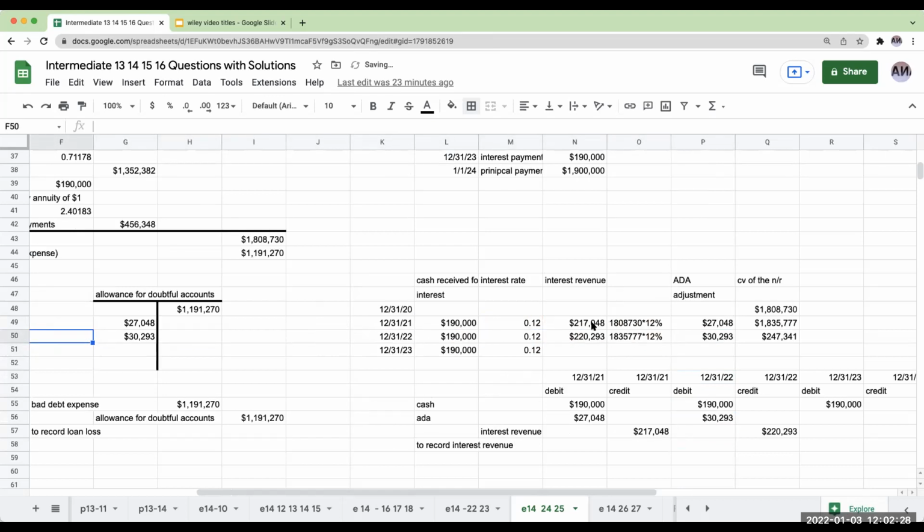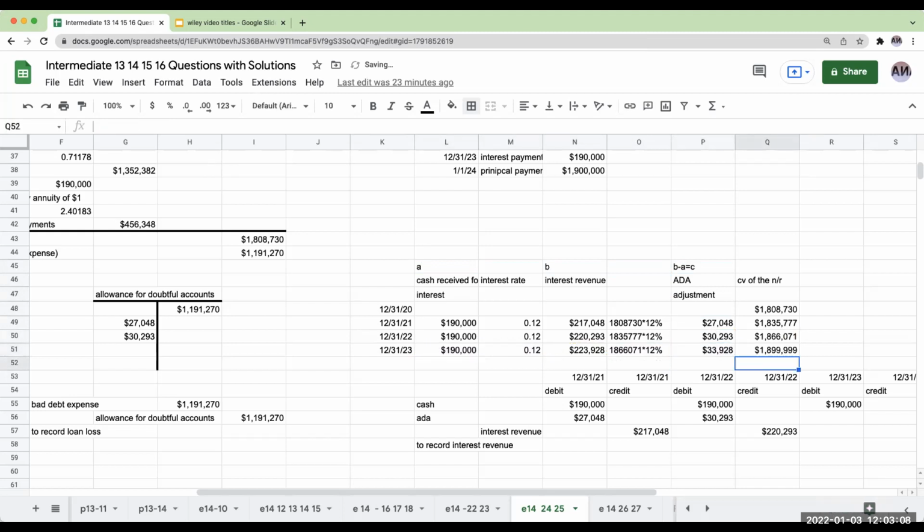Okay, in the last year, my interest revenue is going to be my carrying value of my note times 12%, or $223,928. My allowance for doubtful accounts adjustment is going to be the difference between the amount of interest revenue and the cash received for interest.